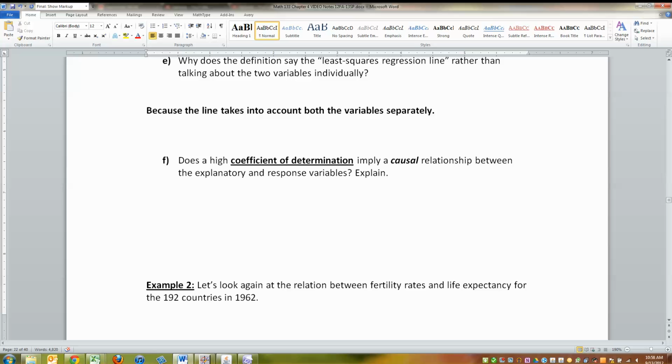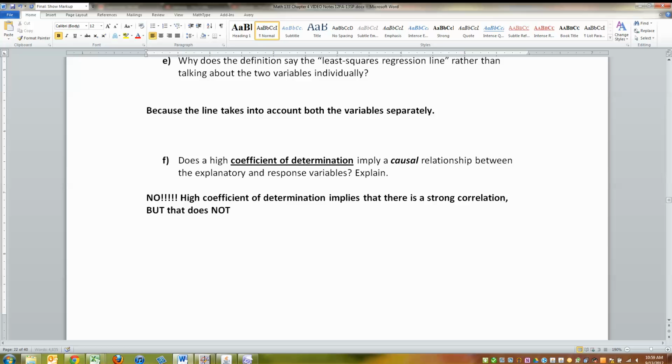All right, does a high coefficient of determination imply a causal relationship between the explanatory variable and response variable? No, right? No. Again, high correlation or coefficient of determination implies that there is a strong correlation, but that does not mean that there was a cause and effect relationship.